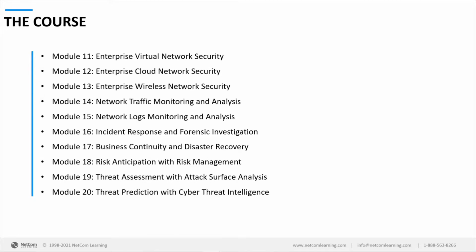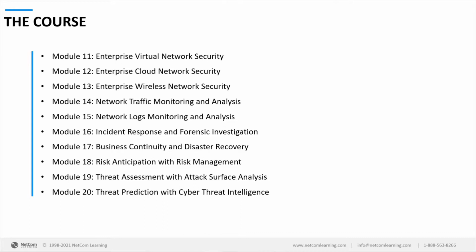Enterprise virtual network security. Virtual network security and cloud network security tie together quite well. The whole development of cloud computing is based on virtual computing. And even today, a lot of people will run virtual computers inside of their servers and even workstations. Real easy stuff to do today.